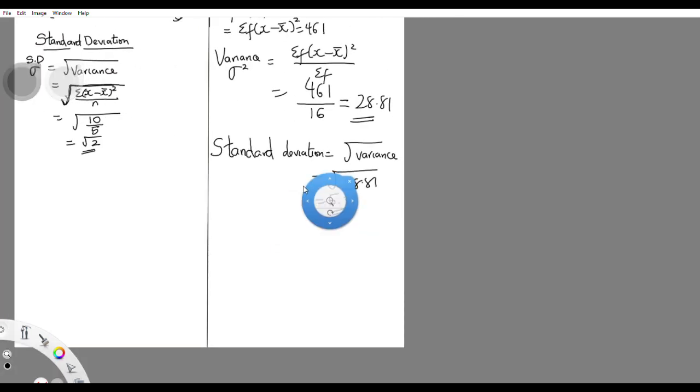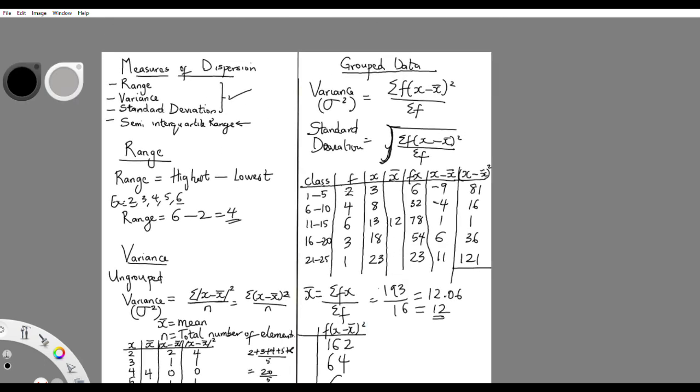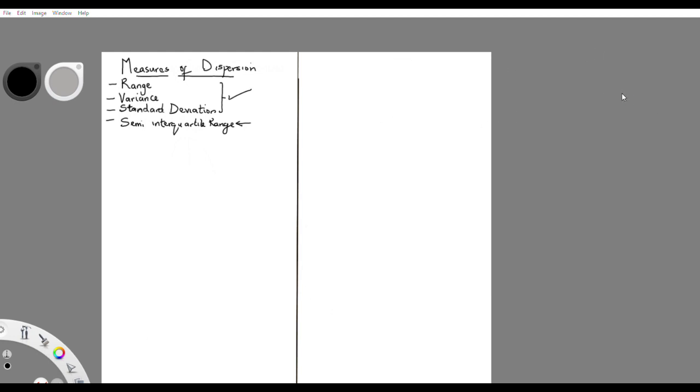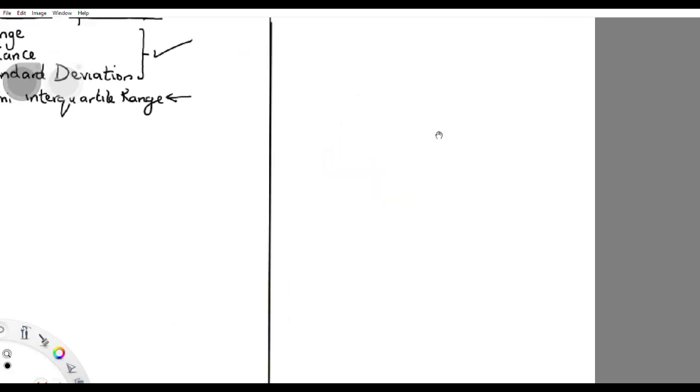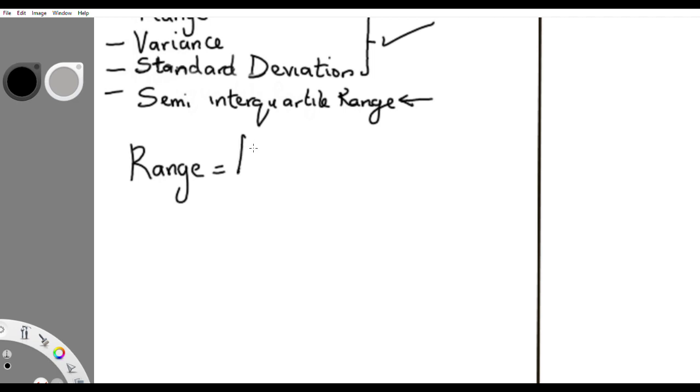Okay, so that basically is measures of dispersion. That's basically what you need to know under measures of dispersion, and a quick review of the formulas. Range equals the highest value minus the lowest value.